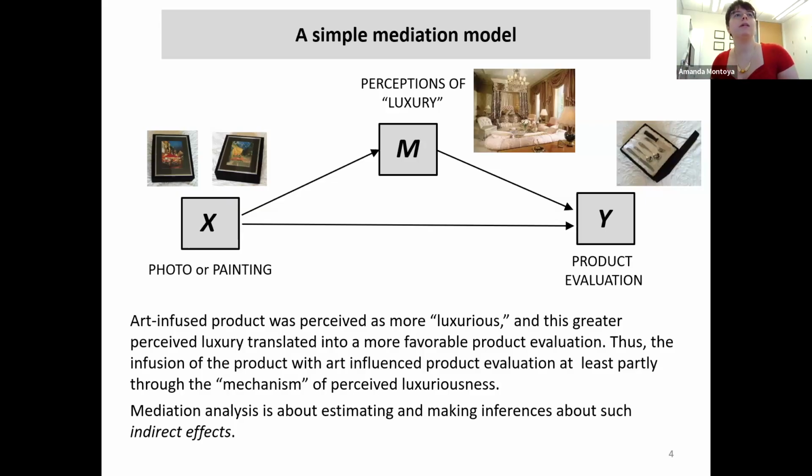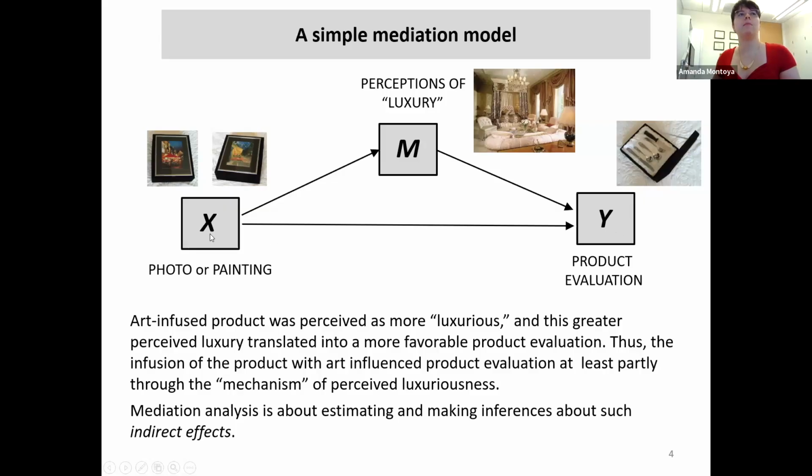So when we see the painting, we might evaluate this set of silverware as a luxury good, and then that increases our evaluation of the product. And oftentimes, product evaluation is measured in how much people are willing to pay for the product. So this is an example of a potential mechanism where we think, okay, what is it that the painting is doing? The painting is increasing our perceptions of luxury, and we rate higher luxury items as more high quality.